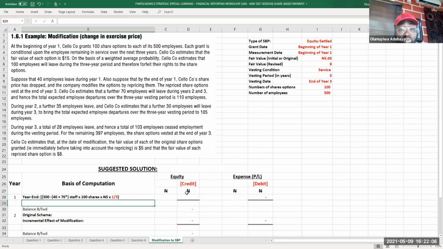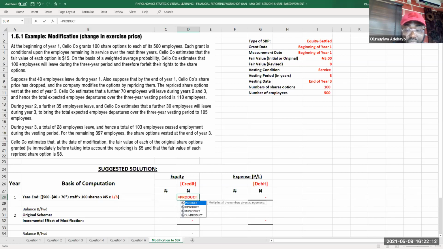All things being equal, what do we have? The product of 500 employees minus 40 that have left, minus 70 estimated to leave further, multiplied by 100 shares, multiplied by the fair value, which is 5 or 15? Sorry, the fair value is 15.